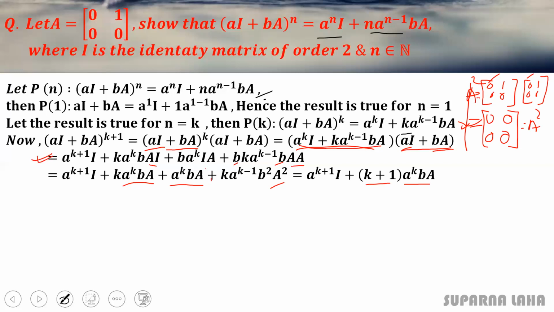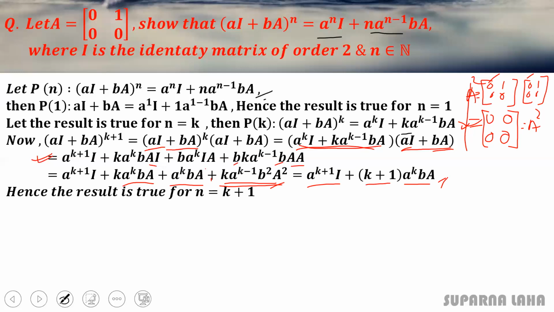Now if it is a zero matrix, this total term will vanish. So the only remaining term is a to the power (k + 1) into I plus (k + 1) into a to the power k into b into A. This is the term. Now look at that. If we put n equal to k + 1, we will find this value. That means for n equal to k + 1, the result is true.